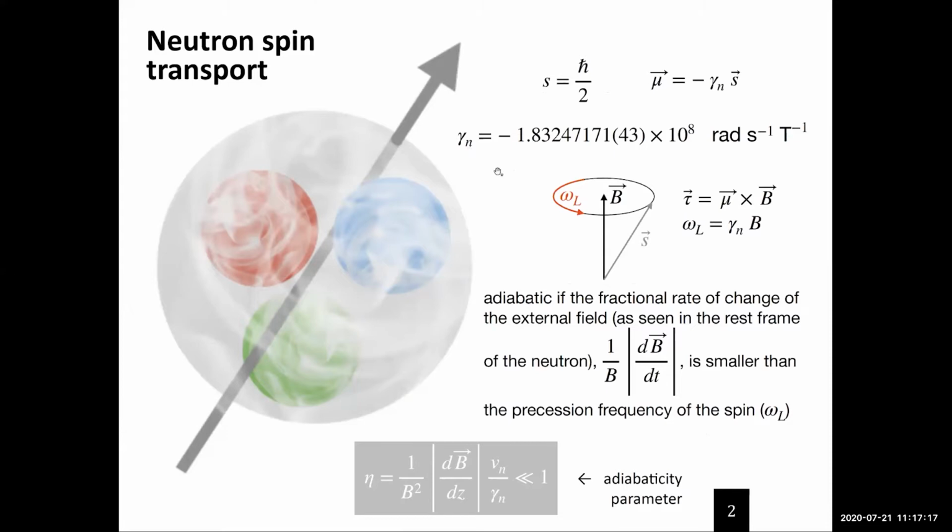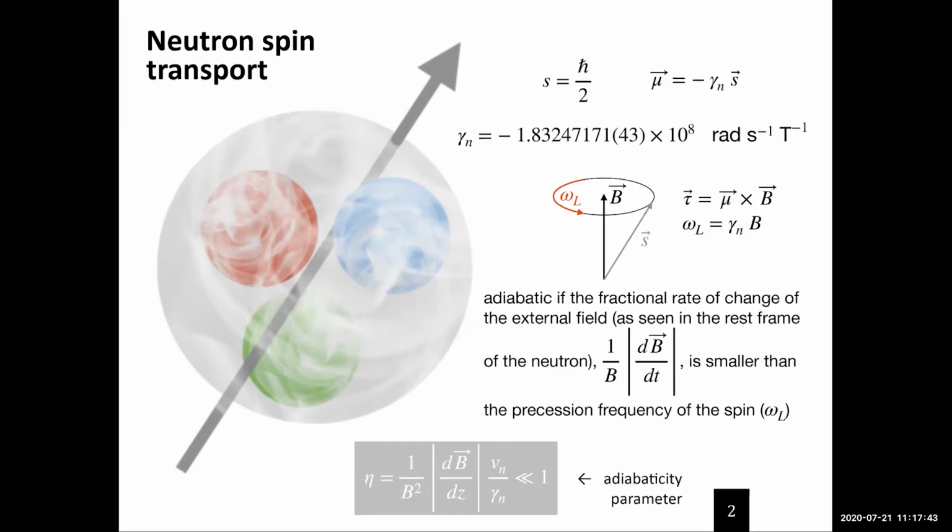When we apply an external magnetic field, it will exert torque on the magnetic moment and will cause the spin to precess around this external magnetic field with a precession frequency known as the Larmor frequency.